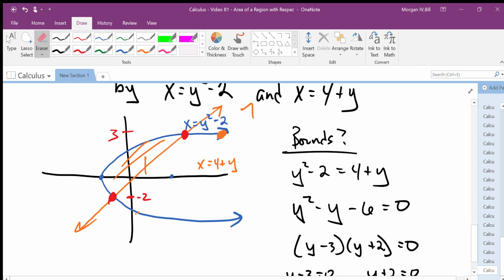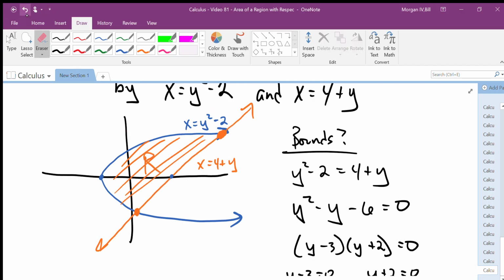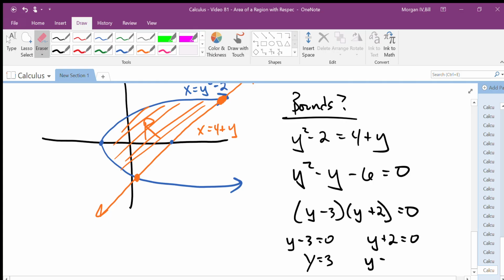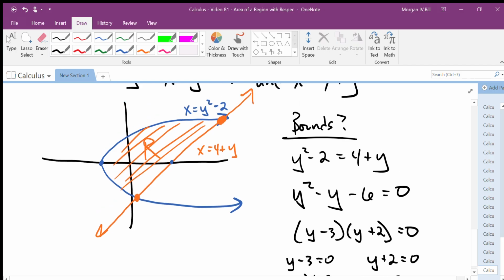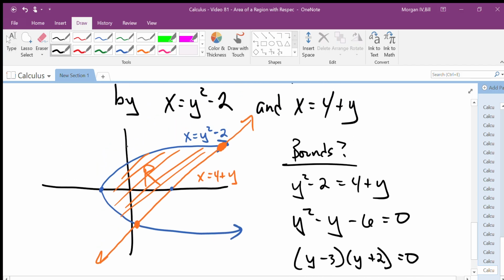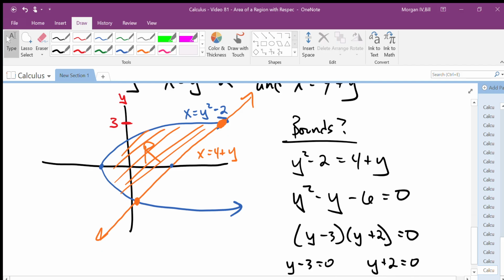Let me back that up. Okay, so the y bounds were up at 3, y equals 3, because we're on the y-axis, and y equals -2.